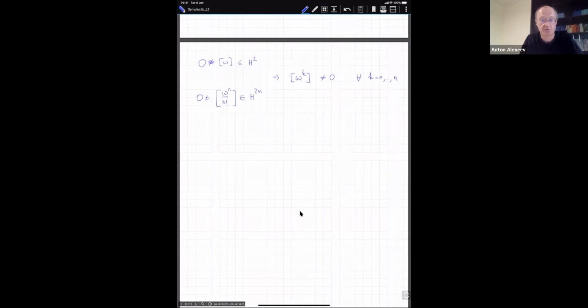So all the even cohomology groups need to be non-zero, absolutely. But you said there were three comments, that was the first one, I assume?